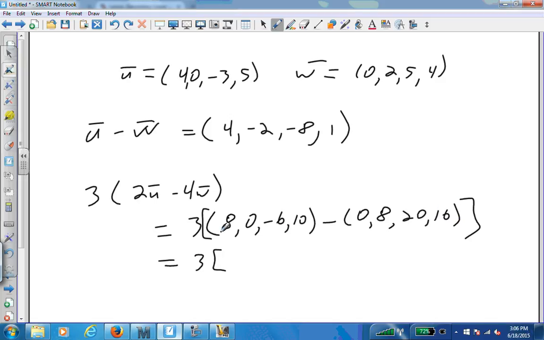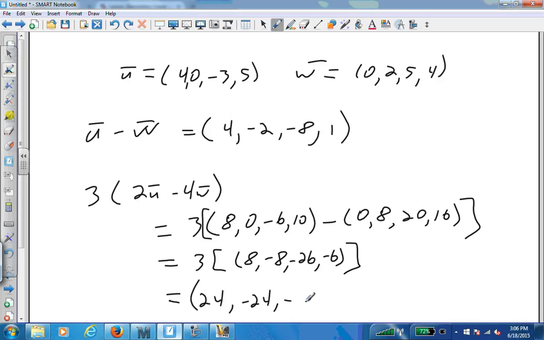If we combine the two vectors inside, 8 minus 0, 0 minus 8, -6 minus 20, 10 minus 16. And then we do 3 times that, so 24, -24, 3 times 26 is 78, and 3 times -6 is -18. So we would have that.